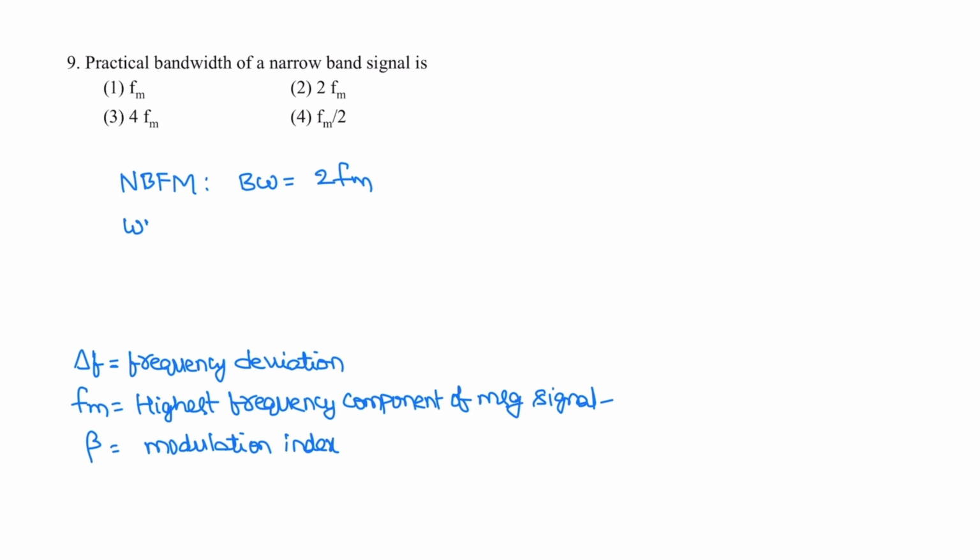Similarly, for wideband FM using Carson's rule, the bandwidth is equal to 2(beta plus 1)fm, where beta is the modulation index of the frequency modulated signal, the ratio of frequency deviation delta f to fm, the highest frequency component of the message signal. Bandwidth of narrowband signal and bandwidth of wideband signal. So the correct option is 2.